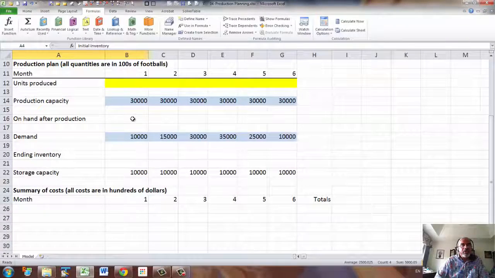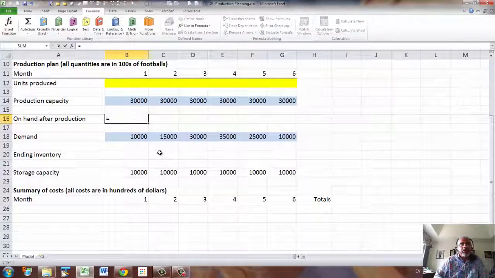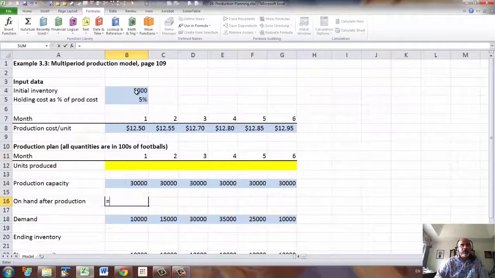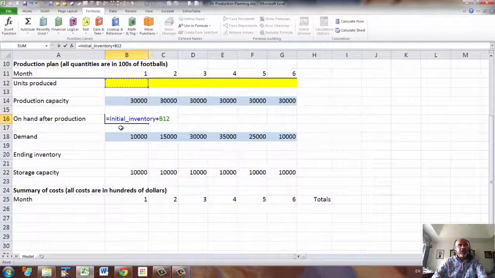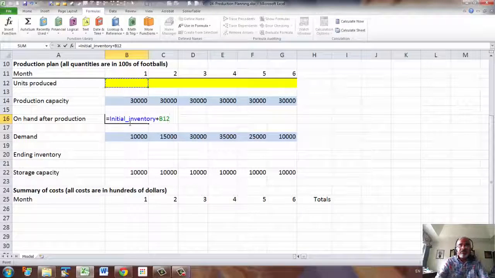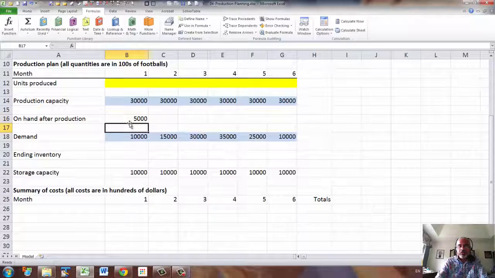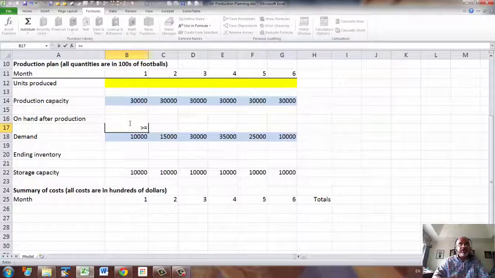For the very first month we start with the available on hand inventory, and then to that we add how many units we're going to produce. So that will give us the on hand after production. That will be the available inventory. Of course that should be greater than or equal to the demand.